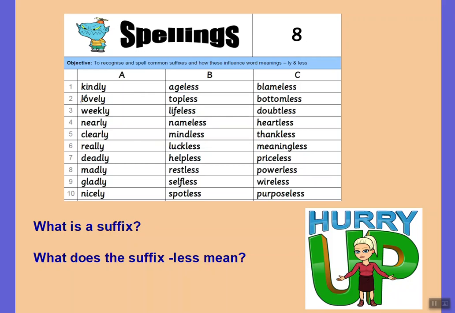So, for example, the word topless, here is your root word, and your suffix is letters at the end of a word that change the meaning of the word. Okay, I'm sure you've got a pretty good idea now from looking at the words, but I just want you to spend a minute telling your partner what the suffix less means. So the ones that B and C are working on today, the suffix less, what does it mean?